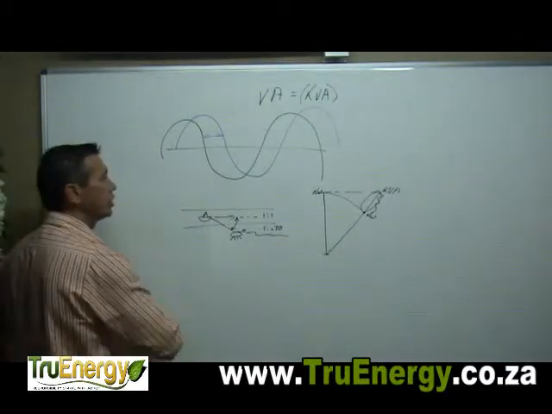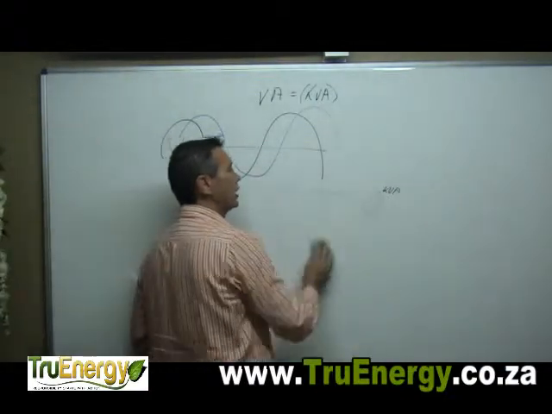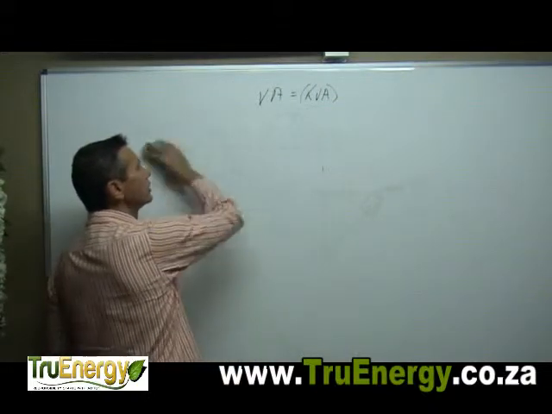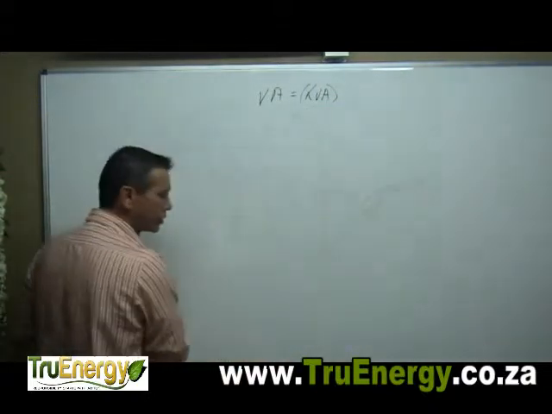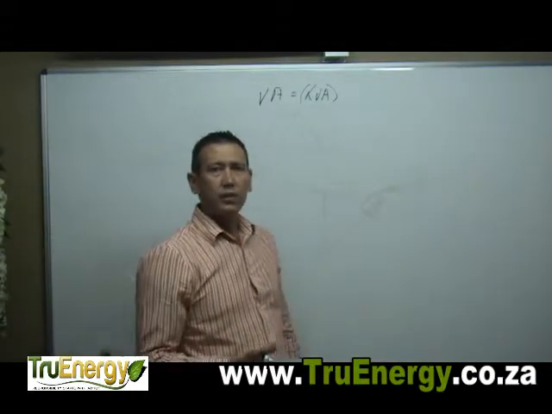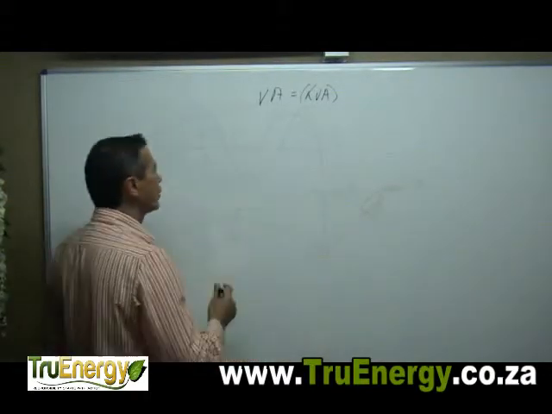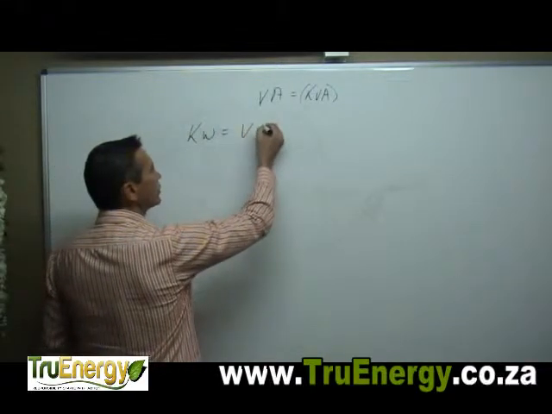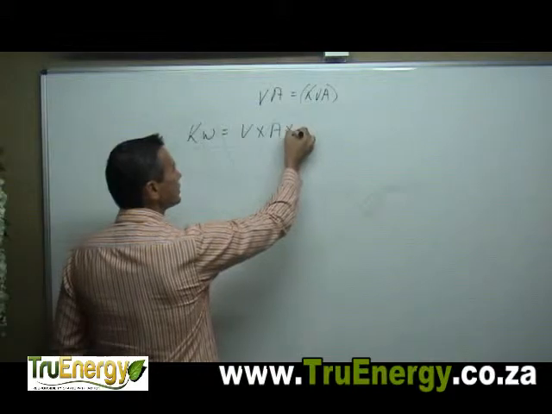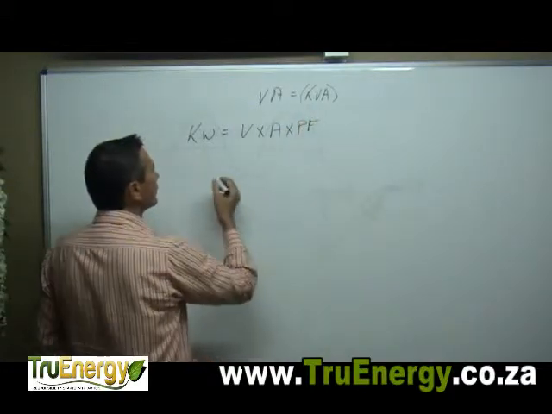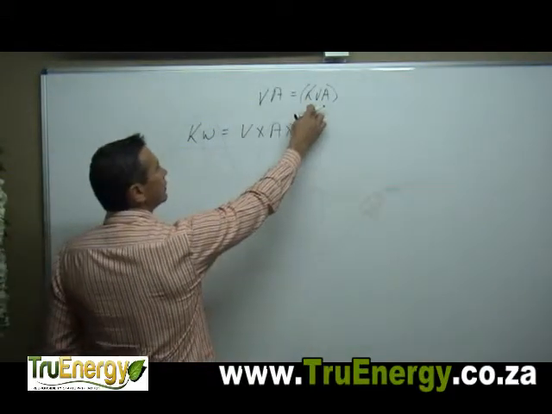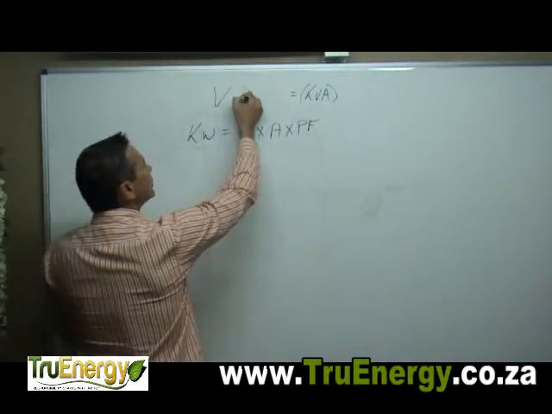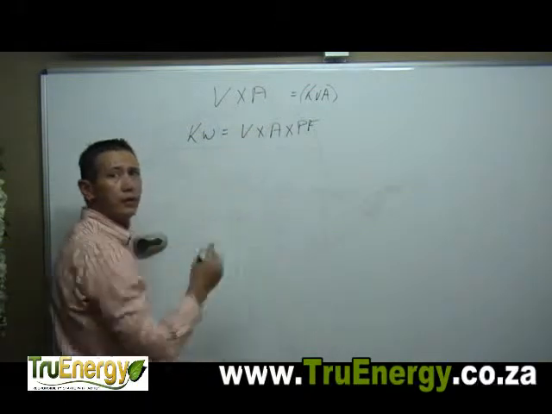Now, a quick explanation on why kilowatt is not influenced if you do power factor correction. Many companies sell on saying you're going to be saving on kilowatt. Kilowatt equals volt times amp times power factor. kVA is simply volt times amp.